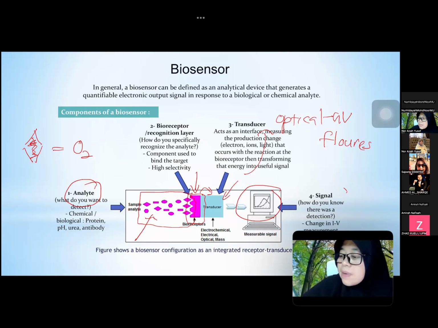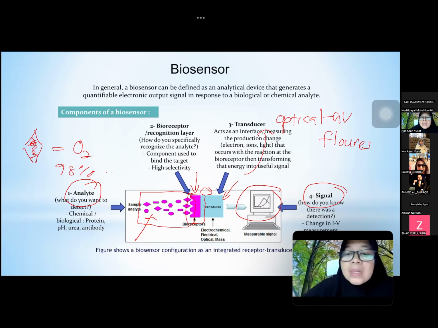And the final part is the signal. We don't want the signal in the form of current, or in the form of a curve or reading of wavelength, because we want the final result to be directly customer friendly. For example, you want the oxygen in 98% or 100%. Those are the things that the public or the users want to read.